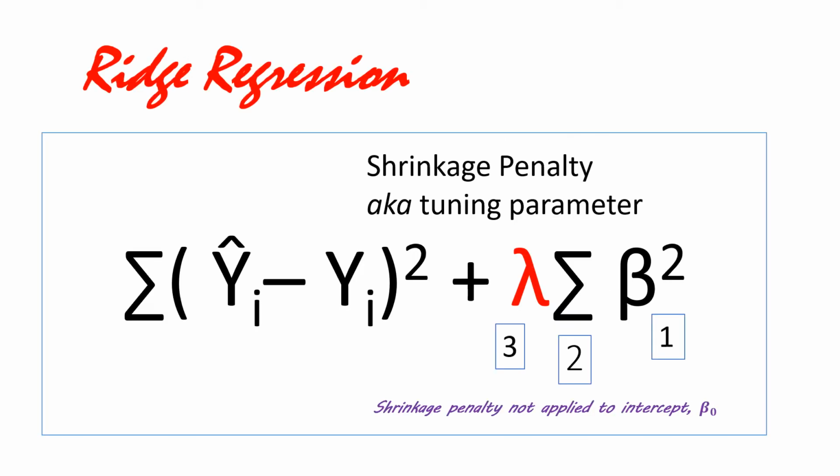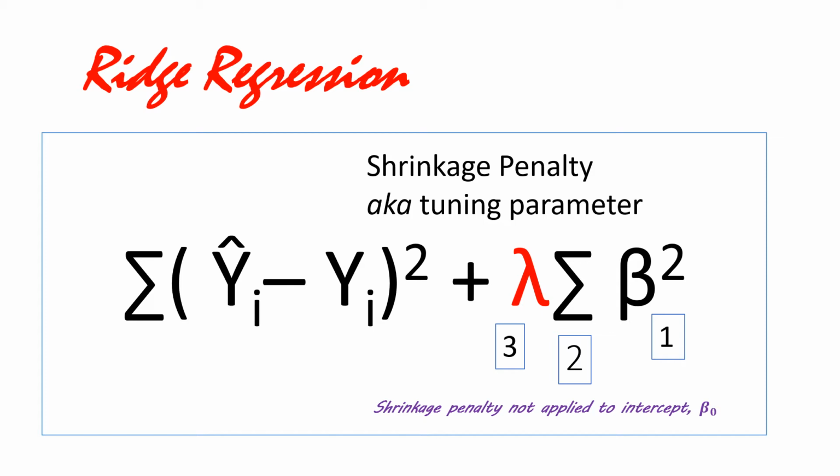So, as you can see from the equation below, there are three steps involved here. First, we square the values of the betas. We then sum the squared values of the betas up. And finally, we multiply the summed squared beta values by the lambda. The reason for doing this is to control the impact of the betas and at the same time try to simplify the model as much as possible.